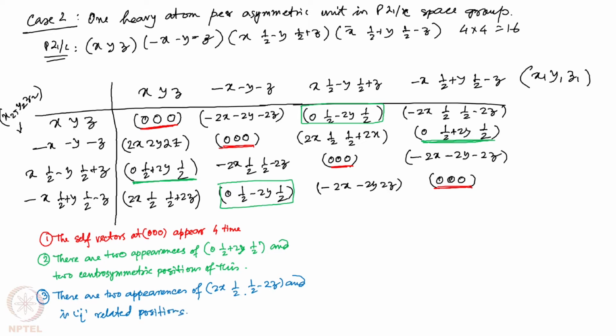So this 2x, half, minus 2z is here, 2x, half, this should be 2z, let me correct it here.